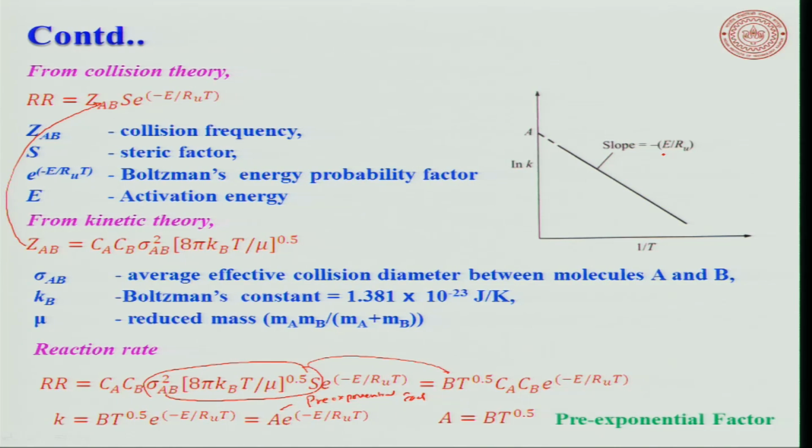If I conduct experiments and find out k, I can get the activation energy from this slope. And when 1 over T goes to 0, when the temperature is very, very high, you will get a value here, that is your pre-exponential factor.